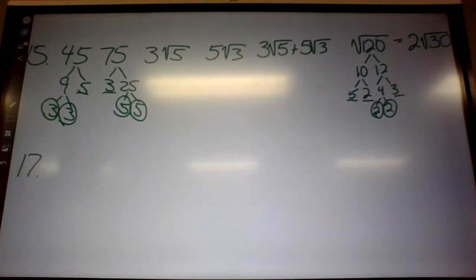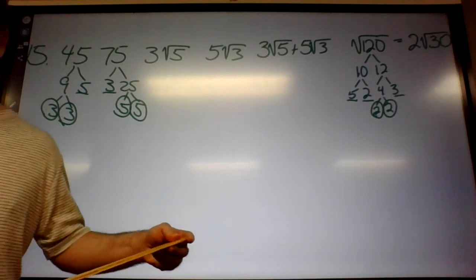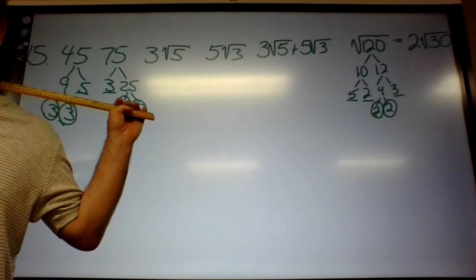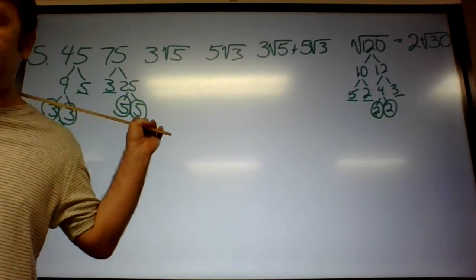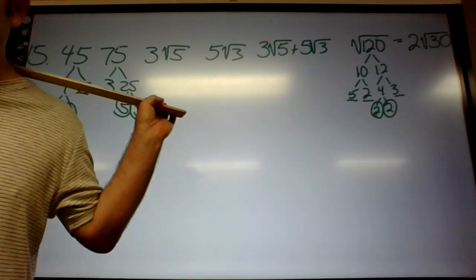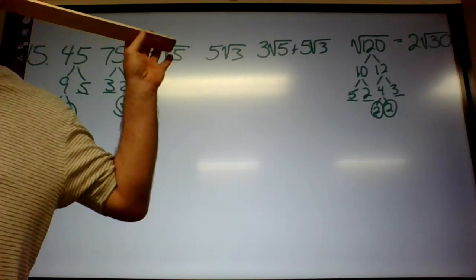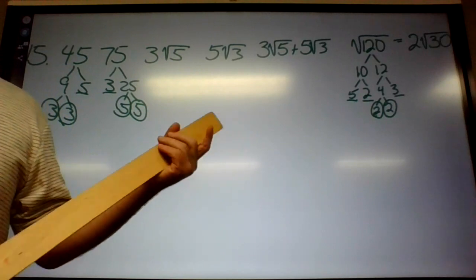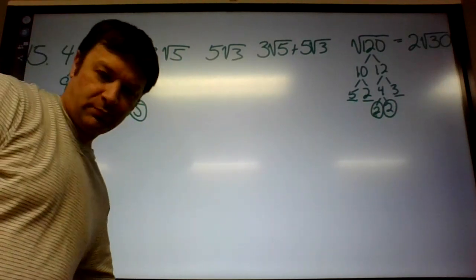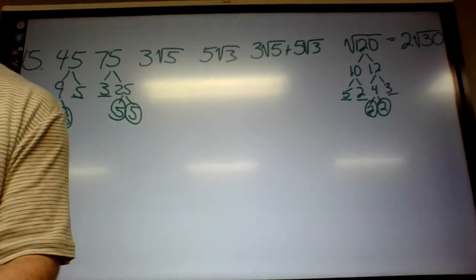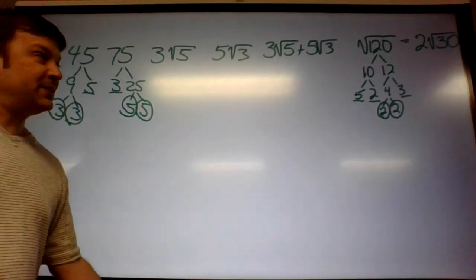Okie dokie. Let's look at 16. Based on the results of 13 and 15, what conclusion can you draw about the expressions square root of x plus square root of y and square root of x plus y? What conclusion can we draw? I've said it twice. All right, you guys can figure it out or not. 17.